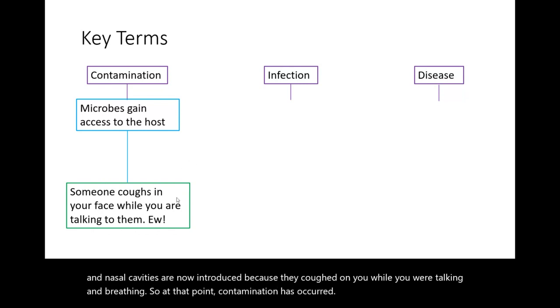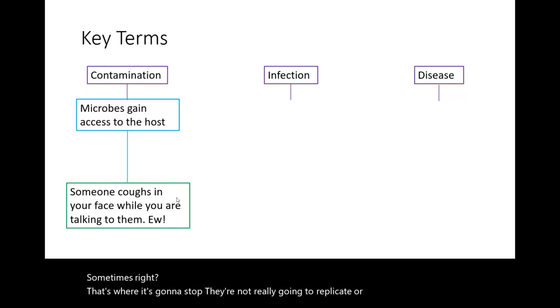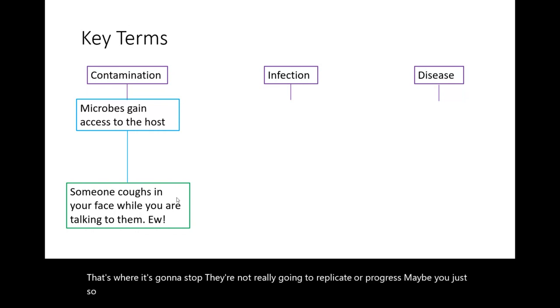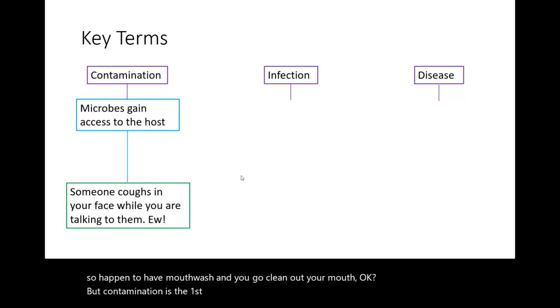Now, sometimes that's where it's going to stop. They're not really going to replicate or progress. You know, maybe you just so happen to have mouthwash and you go clean out your mouth, okay? But contamination is the first step to getting an infection.